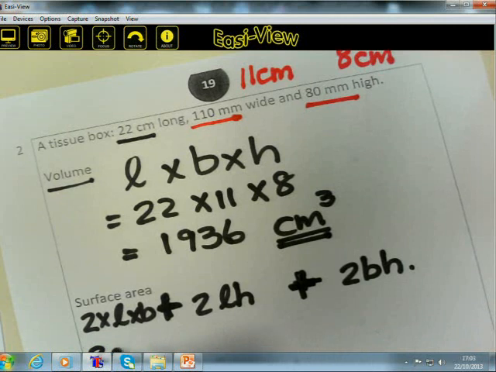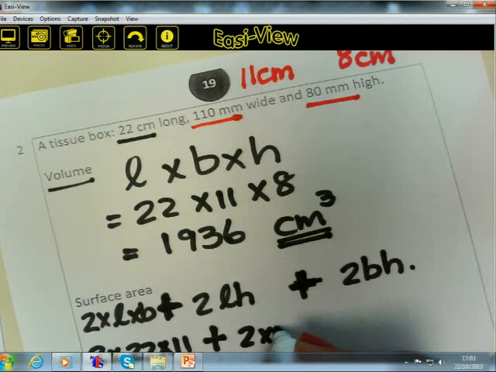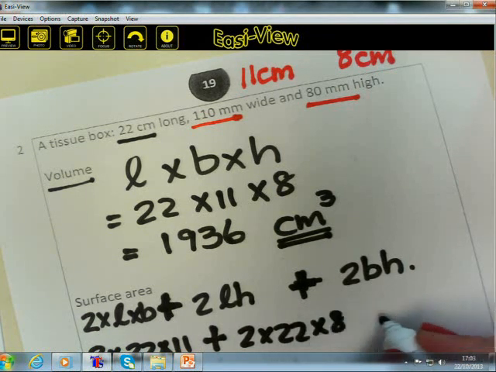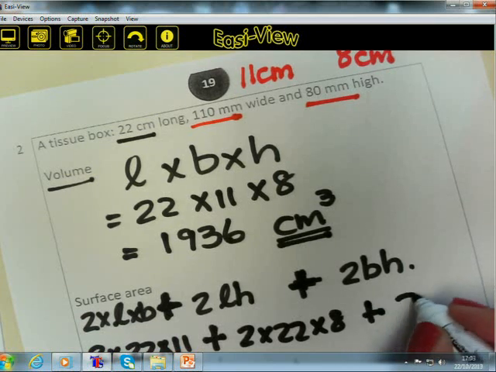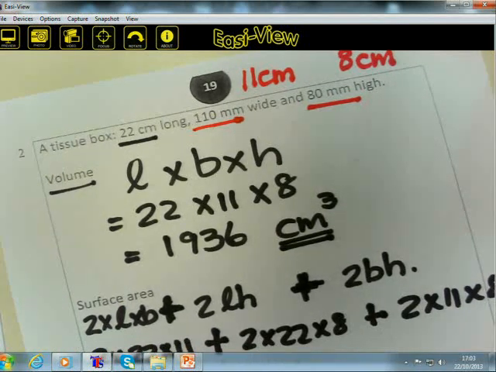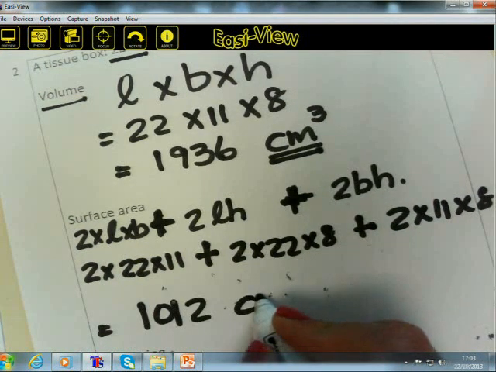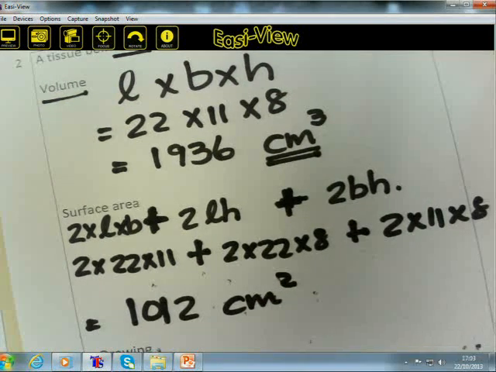So it will be 2 times 22 times 11 plus, and I'll take a breath, 2 times 22 times 8 plus 2 times 11 times 8, and the answer there is 1012 centimeters to the power of 2.